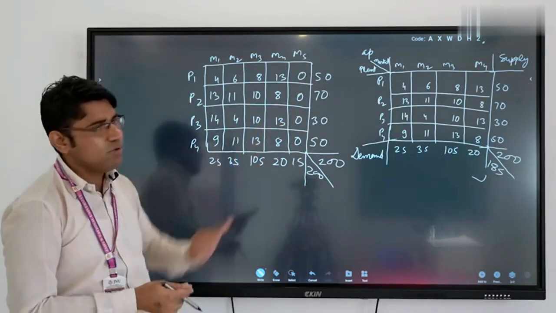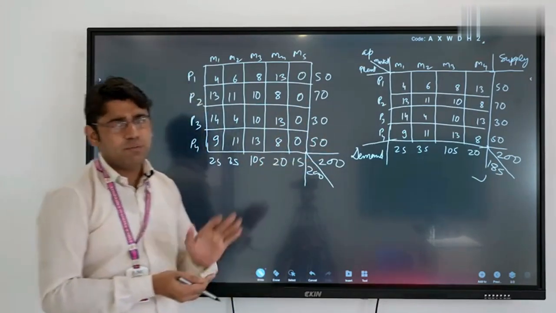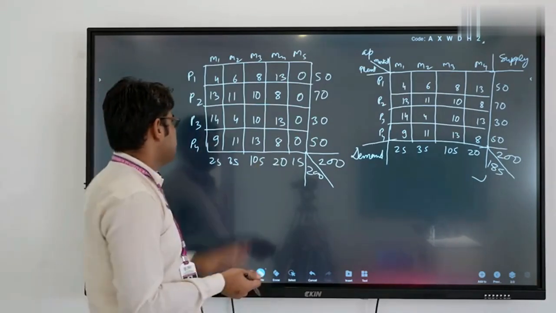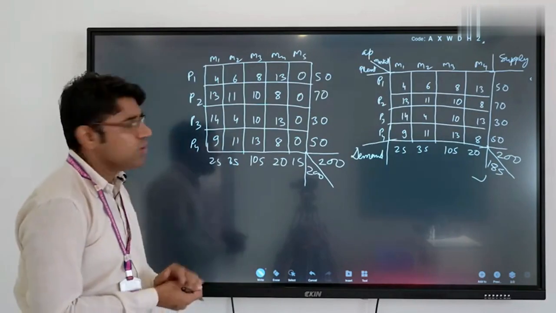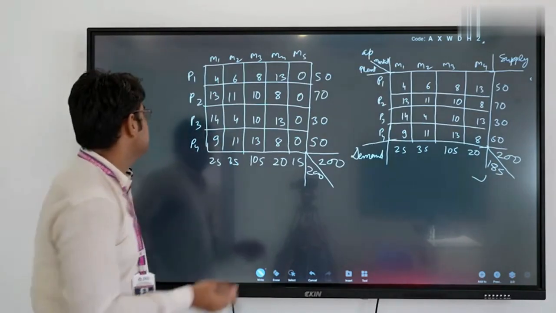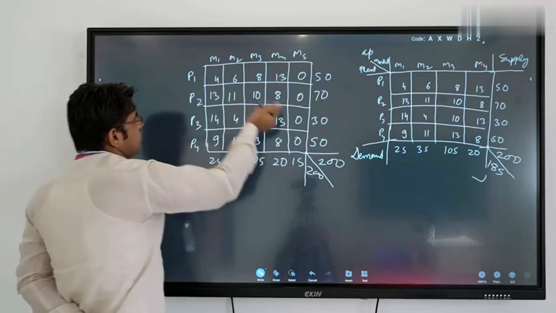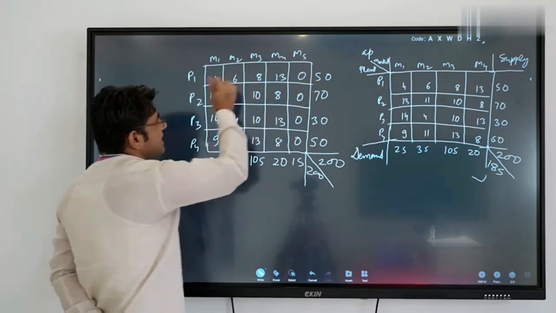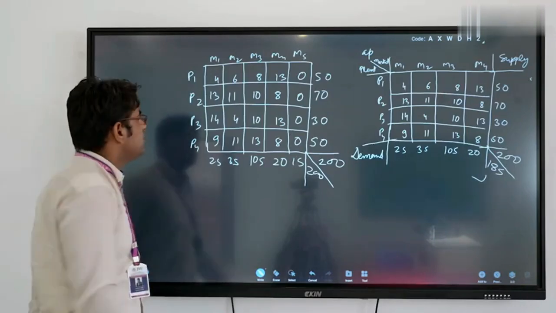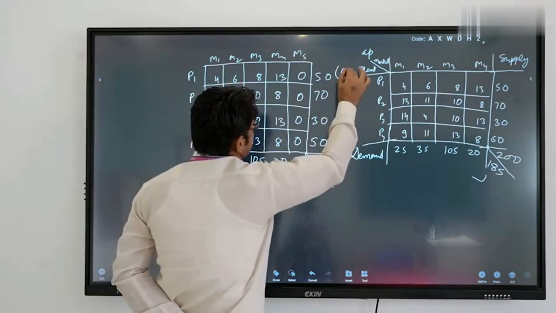this problem by Vogel's approximation method. So the same process we discussed in the previous question. Here first we find the penalties of each row and each column. In the first row the smallest element is 0 and second smallest is 4, so the difference is 4.